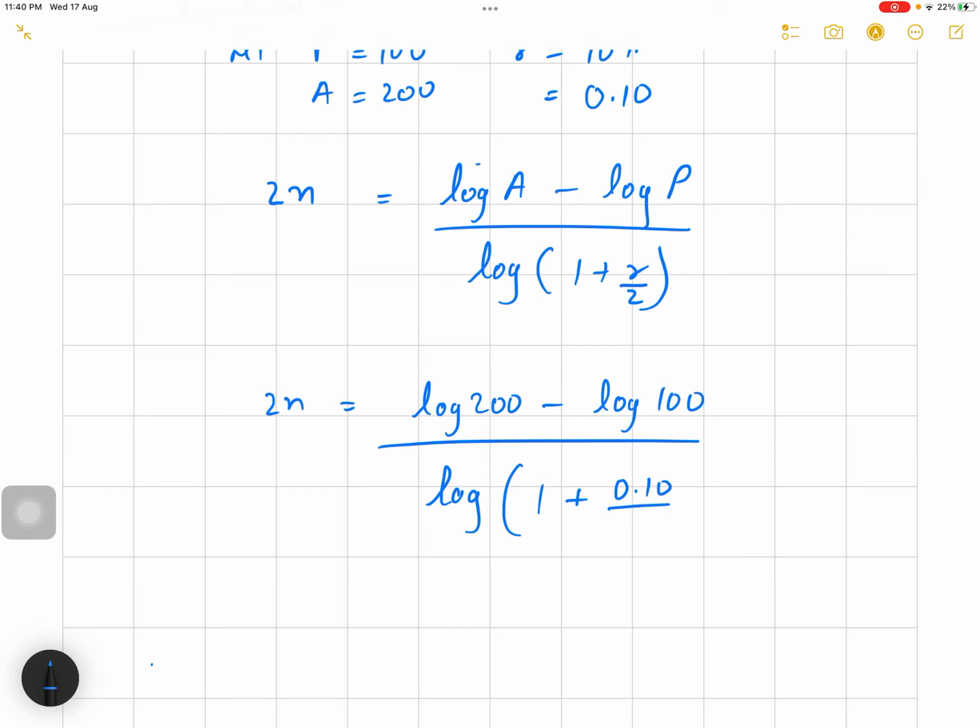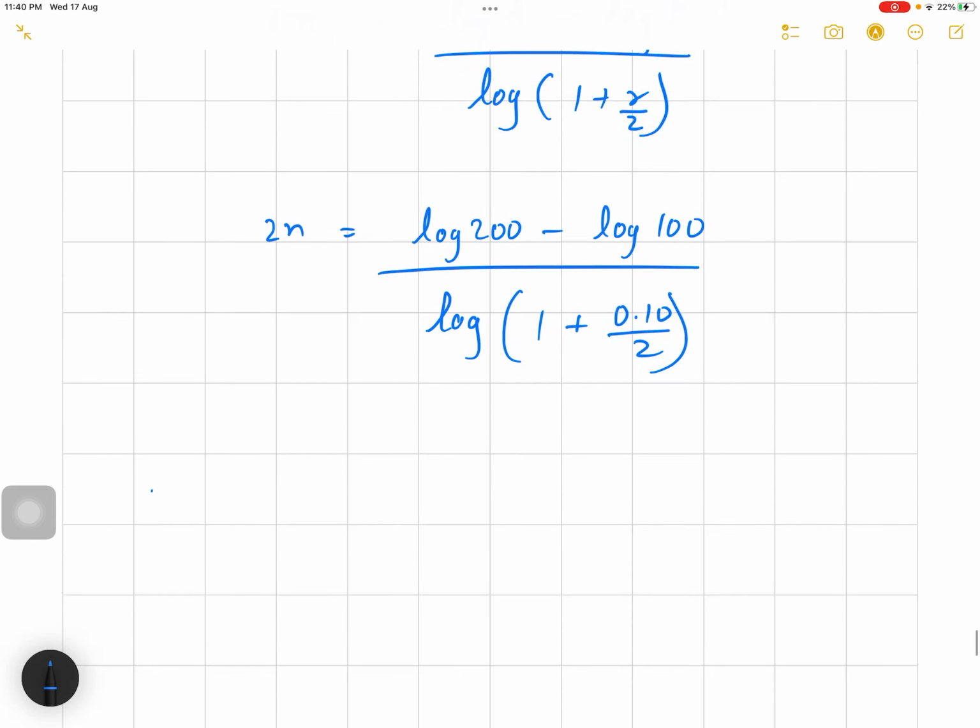R is 0.10 divided by 2, which will be 0.05 plus 1, so that will be 1.05.